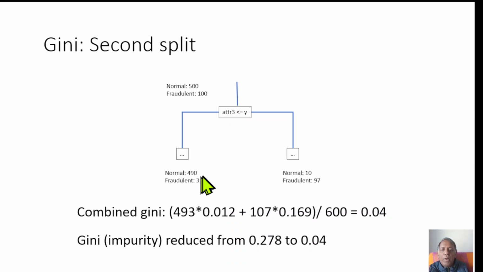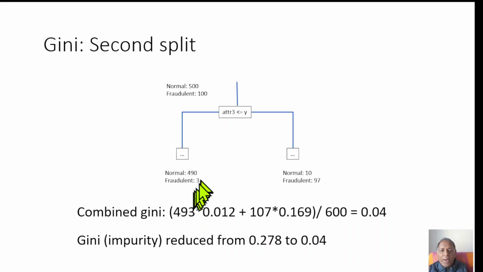So it would be 3 divided by 493 is P1 and 490 divided by 493 is P2. And then this one has 10 divided by 107 as P1 and 97 divided by 107 as P2. So if you compute the Gini for this, it will turn out to be 0.012. For this, it would be 0.169.